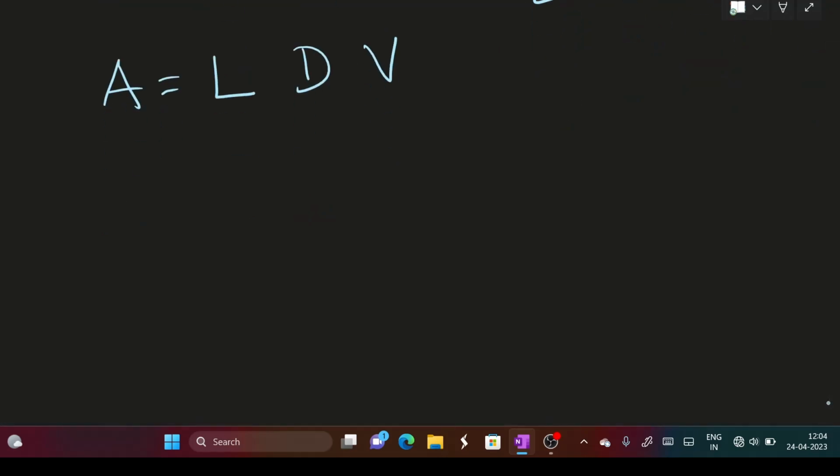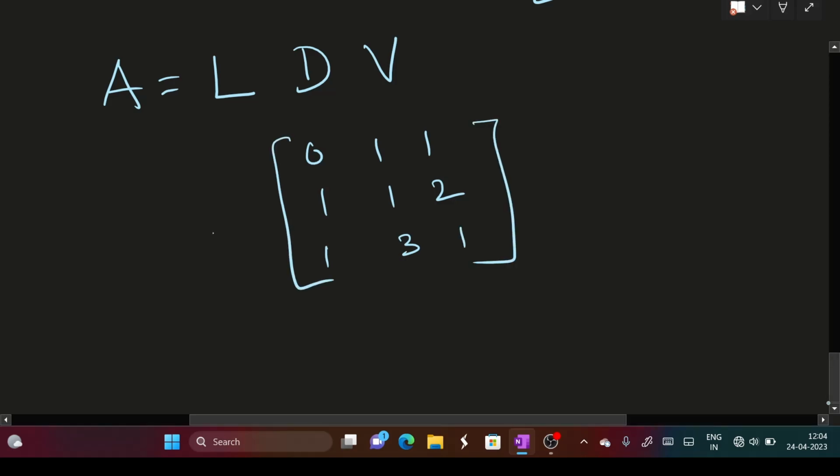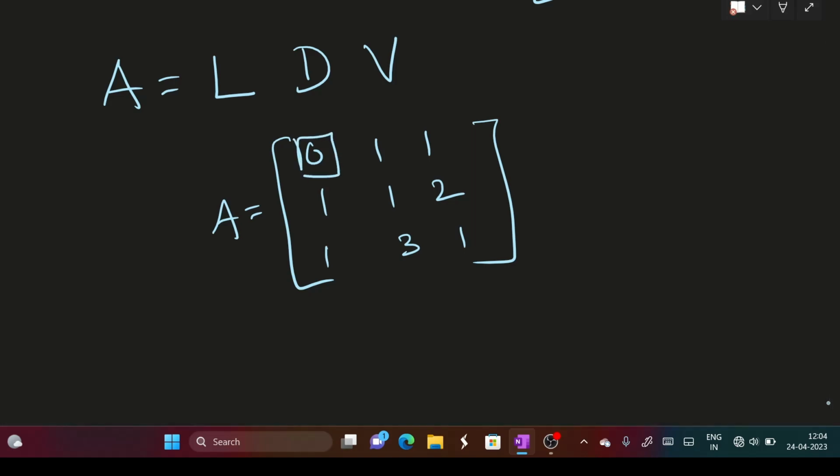Sometimes one of the pivot positions of our matrix is 0, such as 0, 1, 1, 1, 1, 2, 1, 3, 1, suppose it is my A. So naturally the first pivot position is having 0 here.